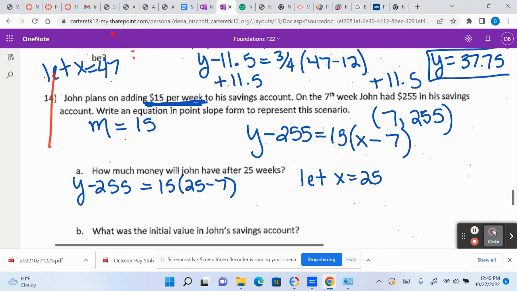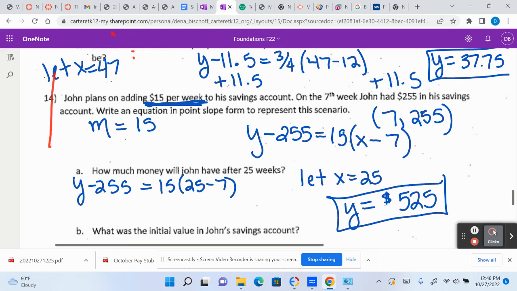So 25 minus 7 is what? Times 15 is what? Plus the 255, because I have to get y all by itself. And I find out that y equals $525.